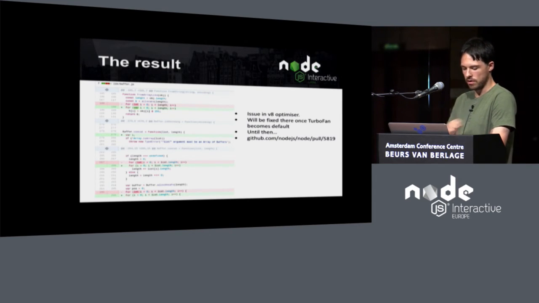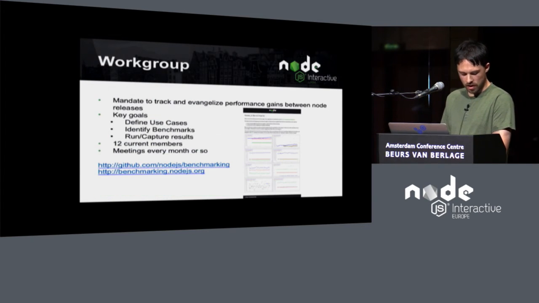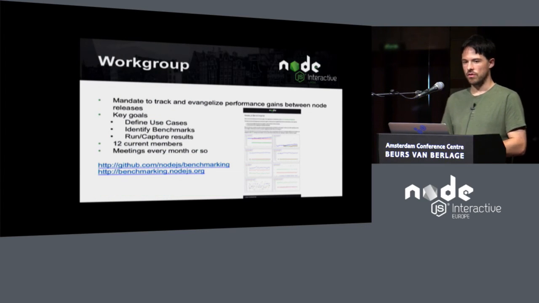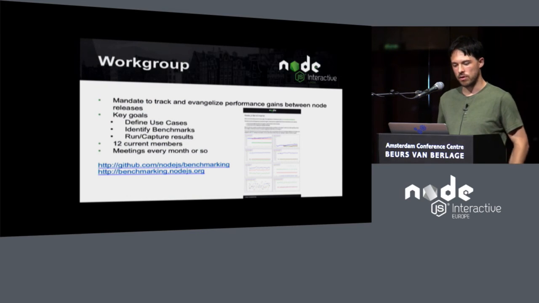So we'd gone through and changed all the declarations for the stepper variables in for loops from var to let, which then triggered an issue that V8 had in its optimizer, where it preferred things to be declared as var instead of let, and that's going to carry on to be the case until turbofan becomes the default optimizer. Again, you can have a look at a bit more information about it if you wish in that pull request 5819.